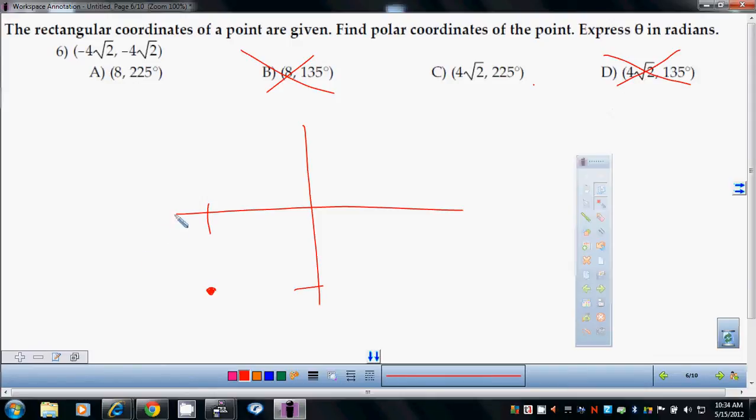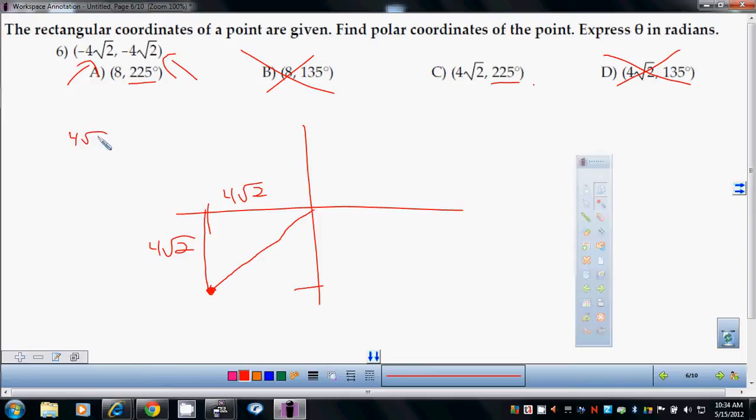So now really all we need to know, since the angles are the same, we don't even need to find the angle. We know it has to be 225. All we need to know is how far our radius is. And like Natalie said, if you make the triangle, you know this piece is 4 radical 2, and this piece is 4 radical 2, because those were the coordinates. And you can do Pythagorean theorem.